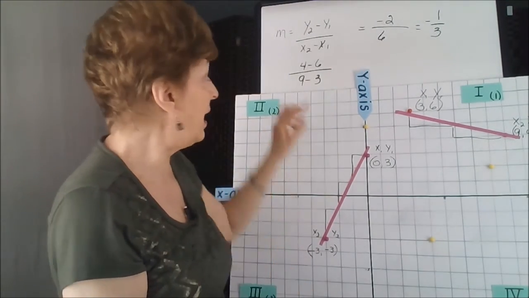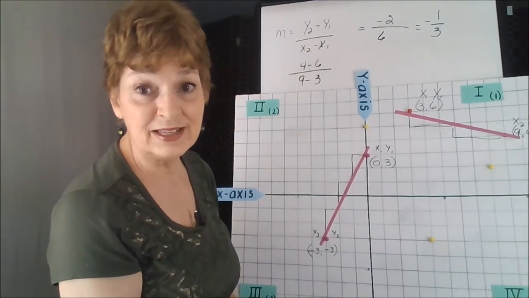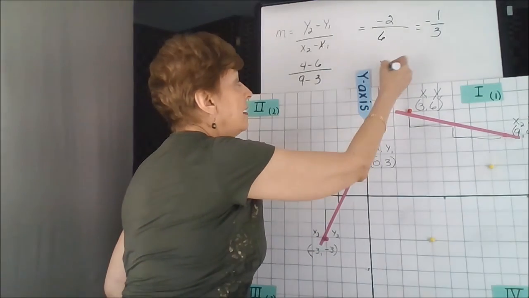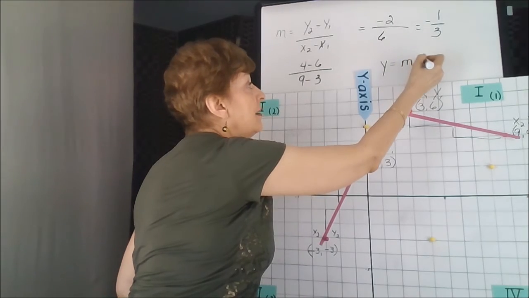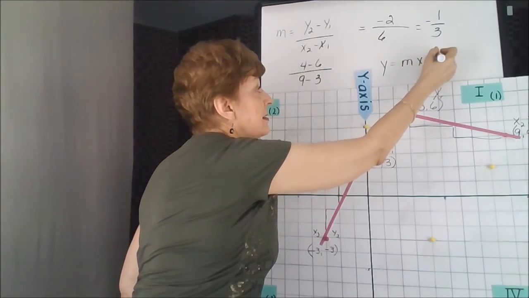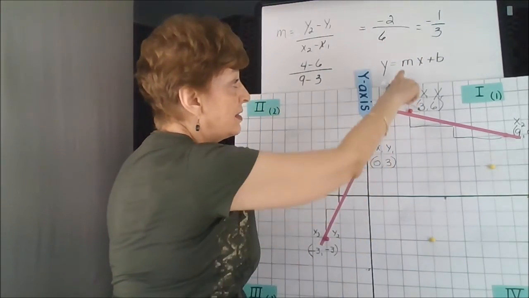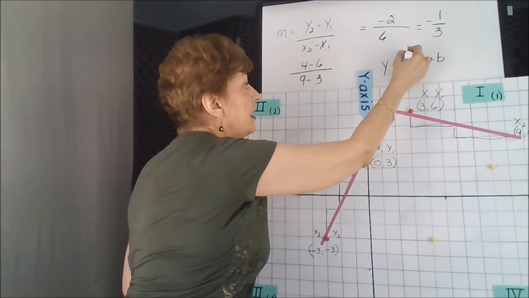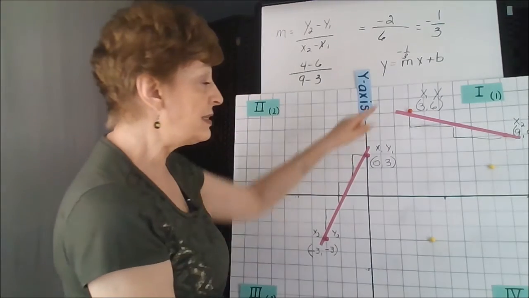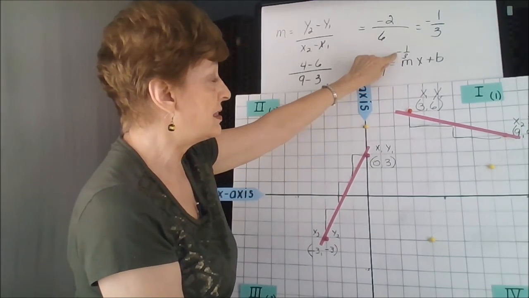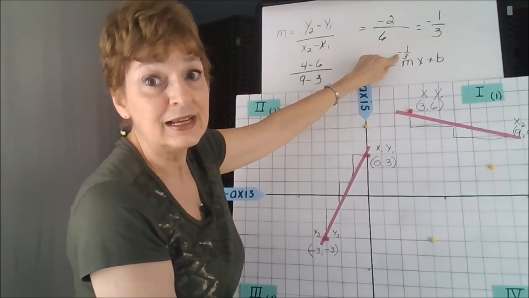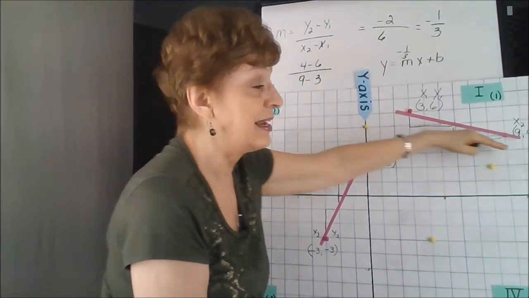After you get m, that fits the m in the value of y equals mx plus b. So this value would be a negative 1/3 in this problem. And you can tell from this number right here that the slope of the line is going to be in a negative direction.